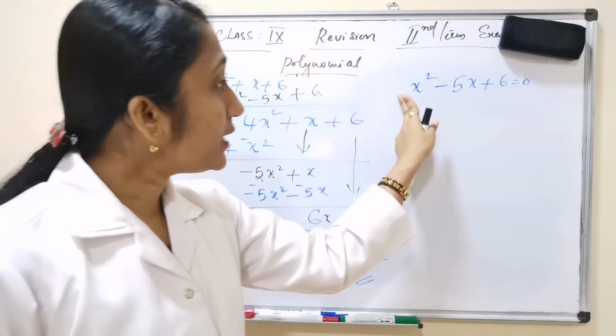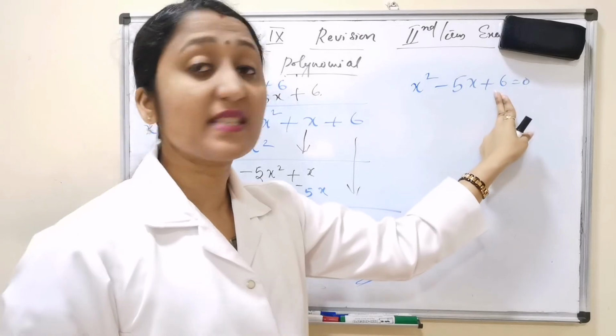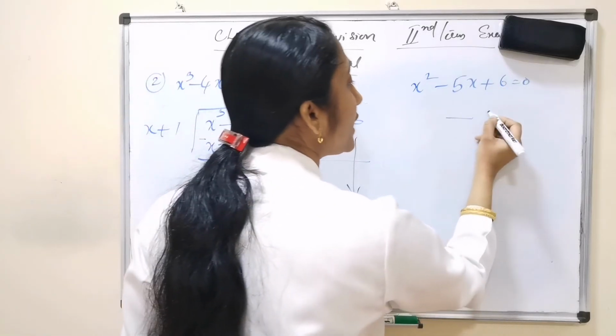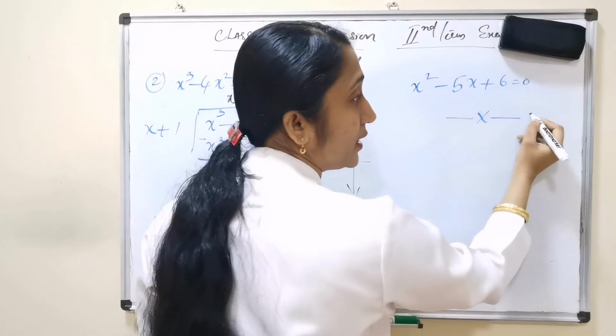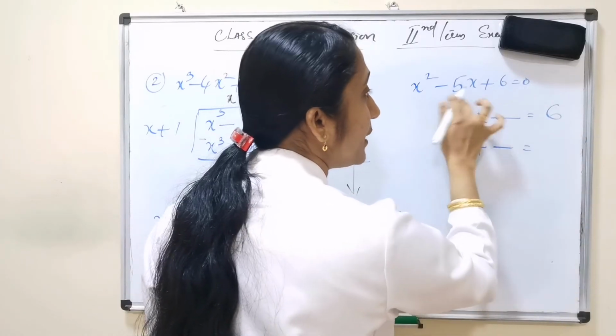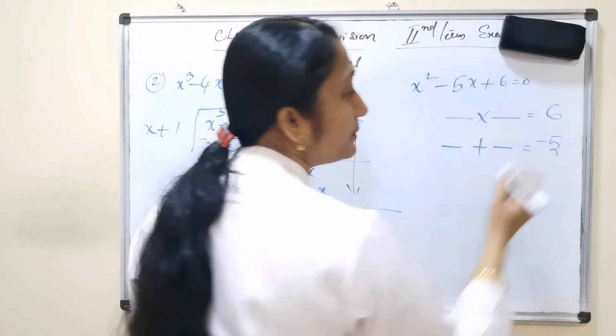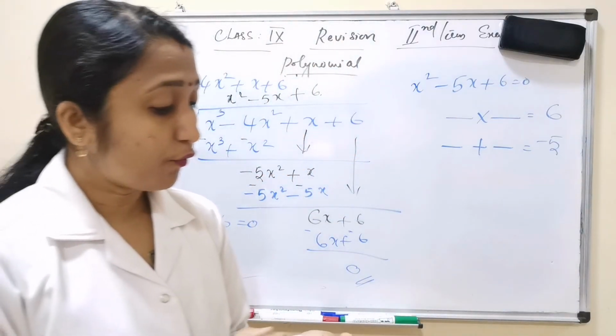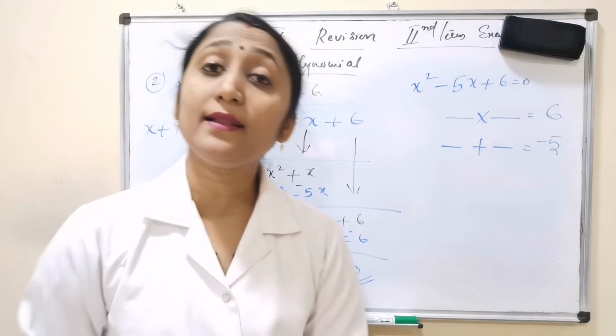Listen, here the coefficient is 1, this is 6. So the product of two numbers, that is the constant, is equal to 6. And the sum of the two numbers, that is the middle term, is minus 5. Okay. So one is positive and another is negative.